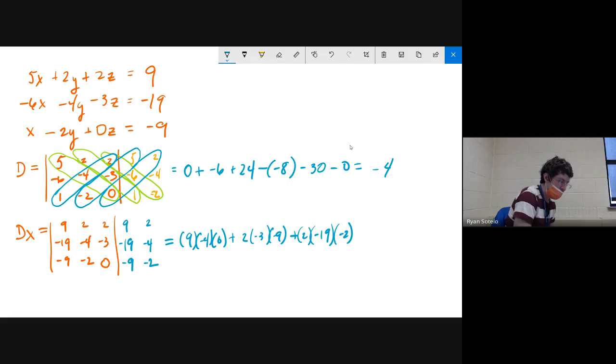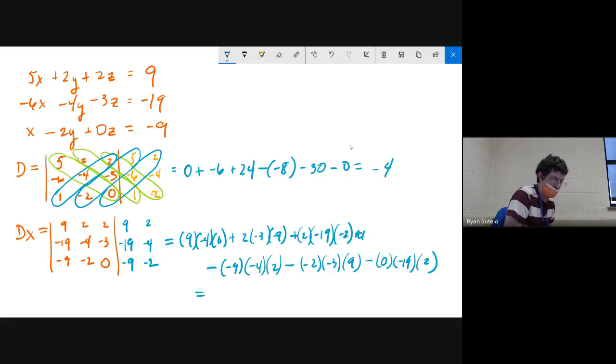And then I've got the 3 diagonals going the other way. I'll put these below. Minus negative 9, negative 4 and 2. Minus negative 2, negative 3 and 9. Minus 0 times negative 19 times 2.